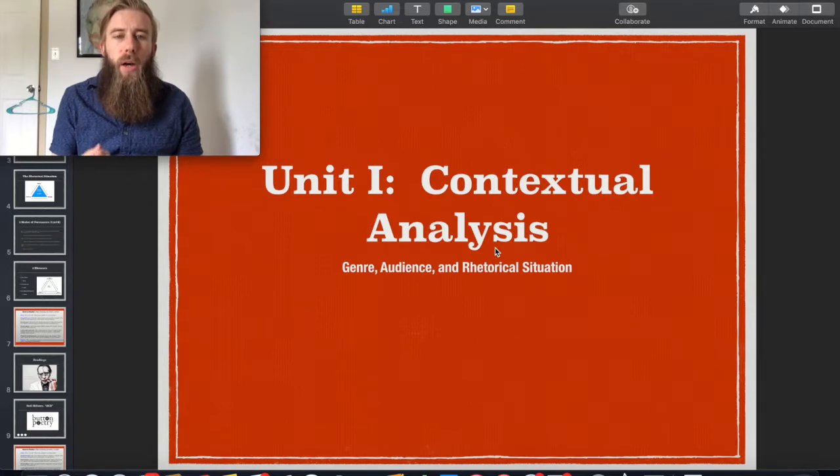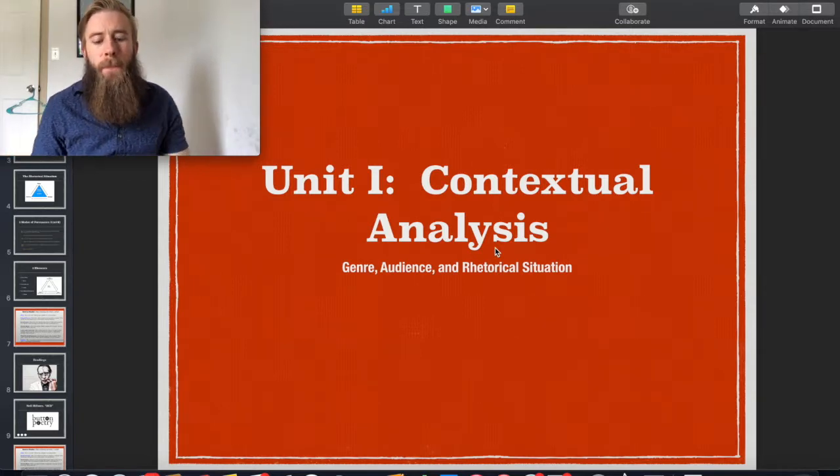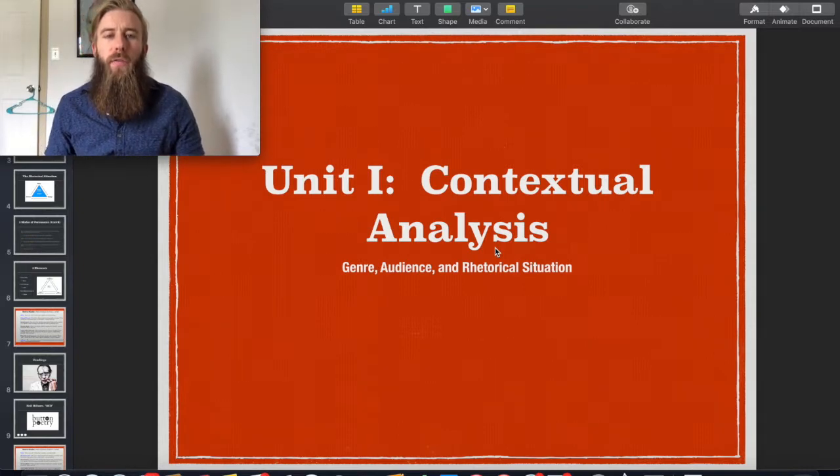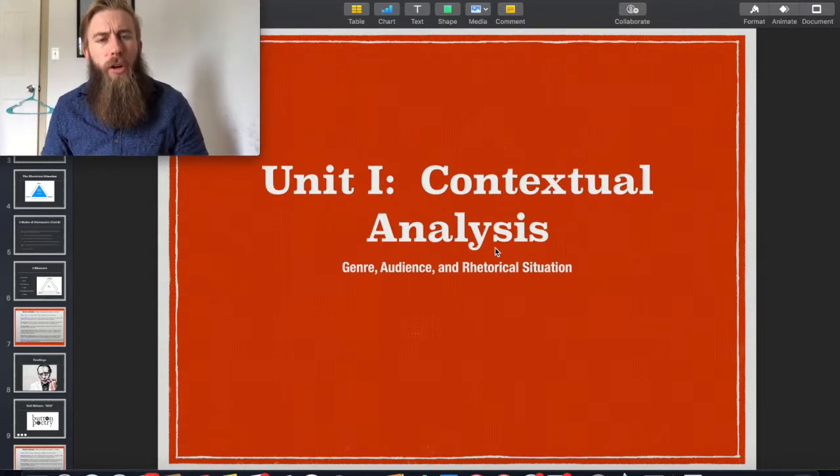Even though the audience is one key part of the rhetorical situation, we're going to be focusing on that for this unit in particular, and notice how all the other aspects of the rhetorical situation are involved with audience. We won't be talking about genre yet. We're going to talk about genre more next week.